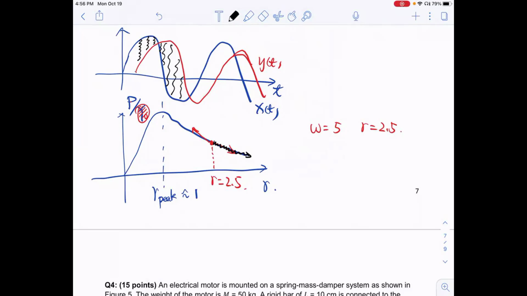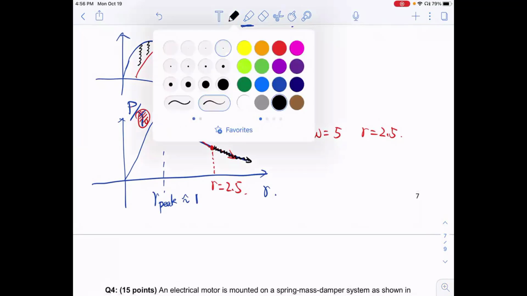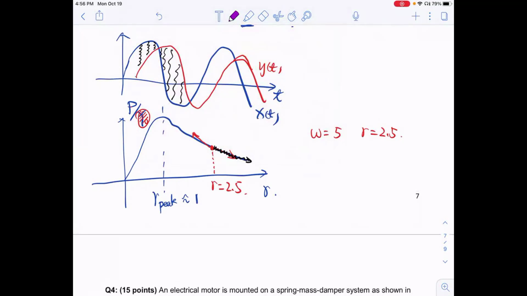All right, so I can ask you this question in a different way. What if your omega is not 5? What if your omega is 1.0? In that case, do you need to increase or reduce your frequency? Reduce, yes, we need to minimize P naught.